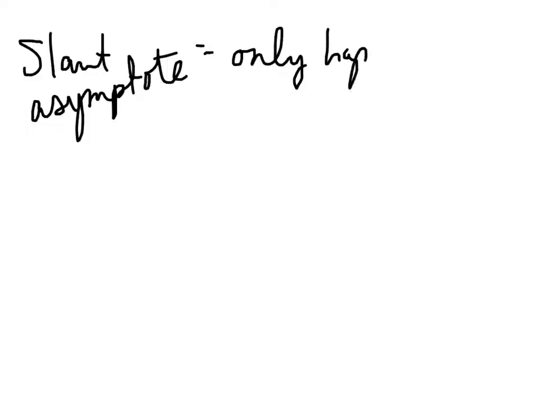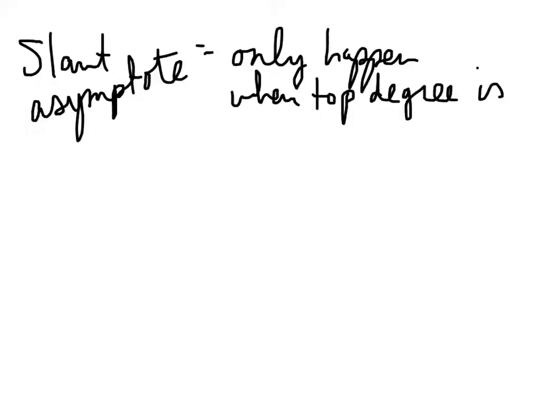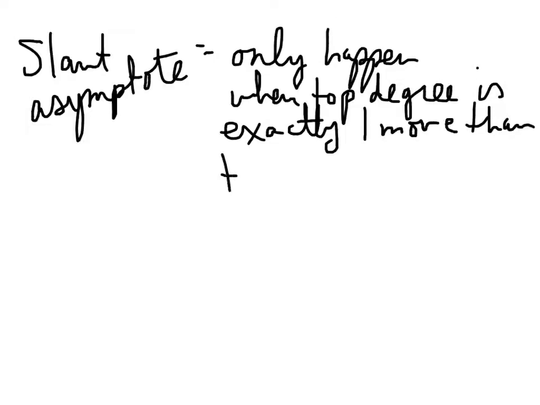A slant asymptote is a line. The other ones are vertical and horizontal lines, but these are slanted or diagonal lines. These ones only happen when the top degree is exactly one more than the bottom degree.